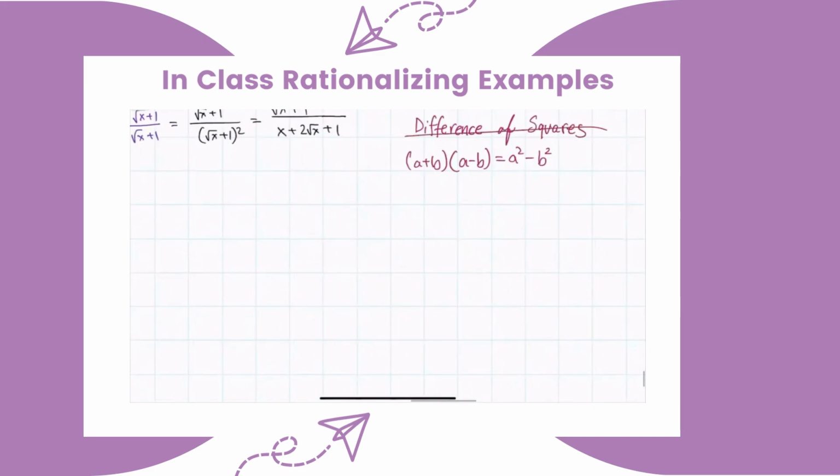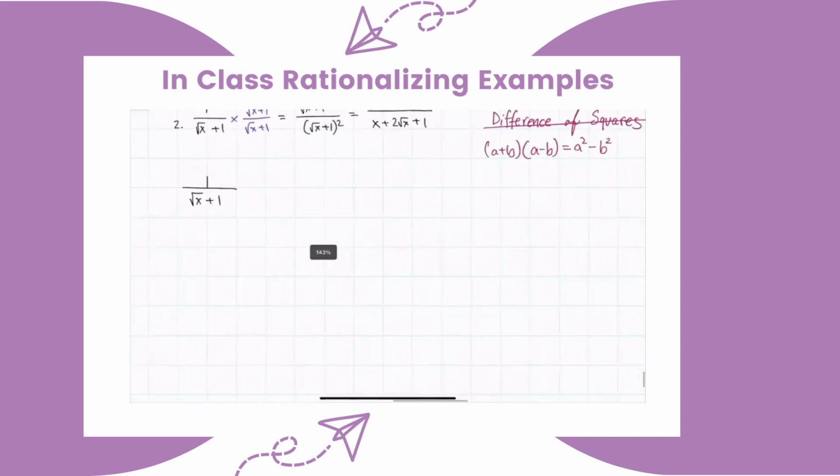Okay. So based on that, I'm going to multiply this by root x minus 1, this as well. And now I have root x minus 1 over root x squared minus 1 squared.